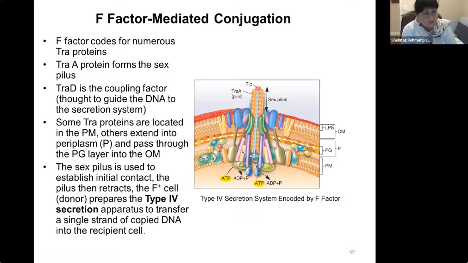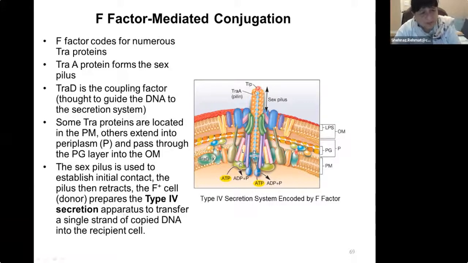Just to give you an idea, the sex pilus makes the initial contact. The pilus then retracts. The F plus cell, which is the donor cell, will prepare the type 4 secretion system. It's not the recipient that makes the secretion system, because the genes for the type 4 secretion system come from the donor.